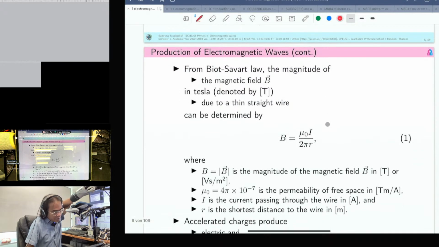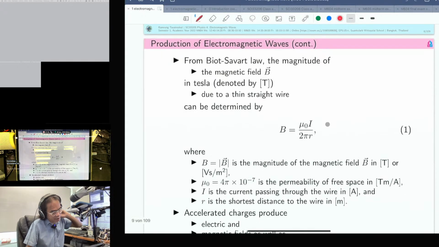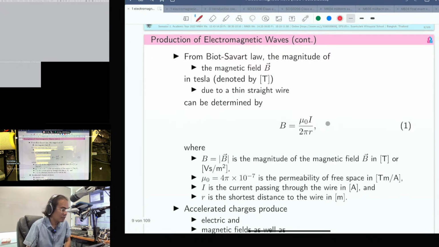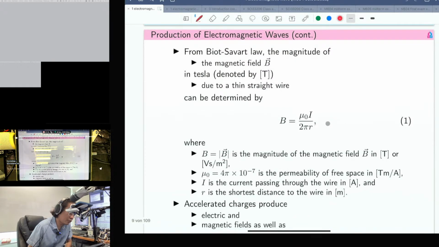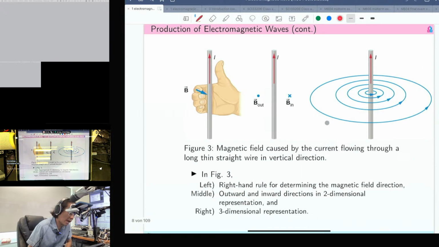Okay, let's go further in the quantitative sense. You have already seen how we represent the direction of the magnetic field, right? Because as I told you, the magnetic field is actually a vector quantity. So any vector quantity should have two things, right?